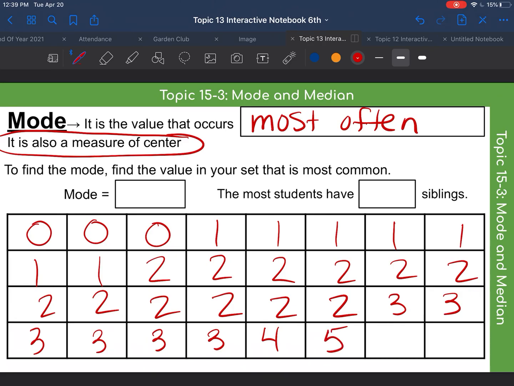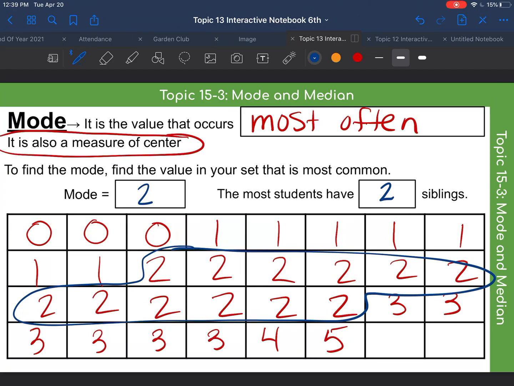One 4 and 1 5. So this is pretty obvious. The value that occurs most often was the twos that we wrote down. So the mode, or the most common data value, is a 2. So most students have 2 siblings. And that's all the mode is, just finding what is the most common.